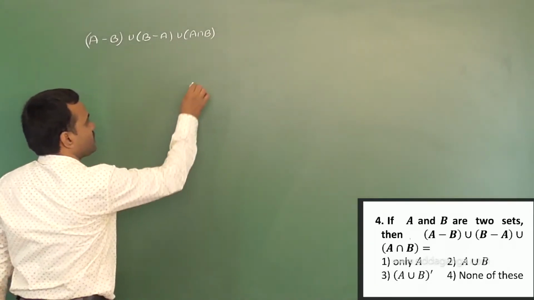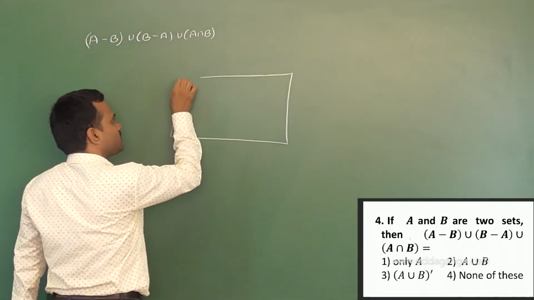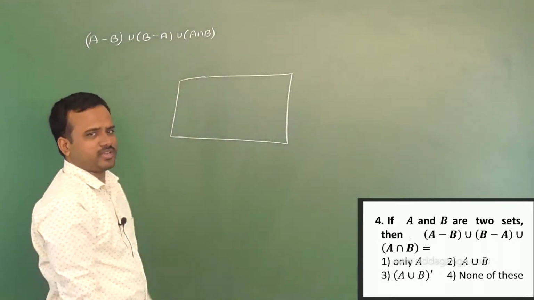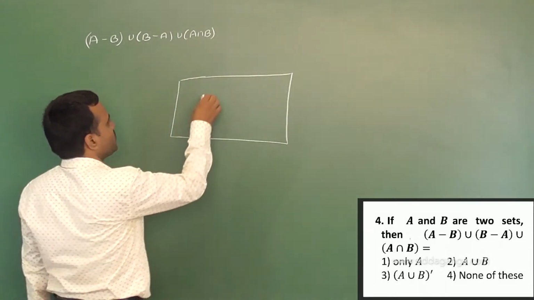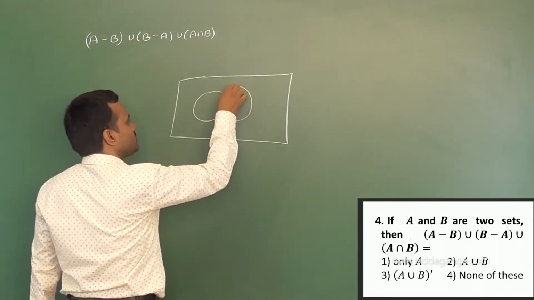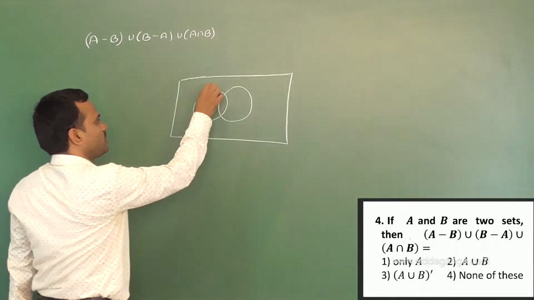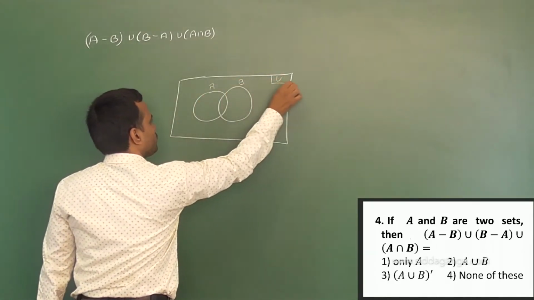You know the Venn diagram also. In a Venn diagram, the universal set is represented by a rectangle and the subsets are represented by closed curves, usually circles. So these two are the two subsets of the universal set U.